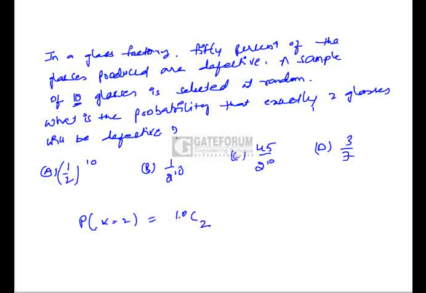We are selecting 10 glasses. Here half of them are defective, so (1/2)^2 into (1/2)^8. If we simplify this, we will get 45 by 2^10. So here the correct option is option C.